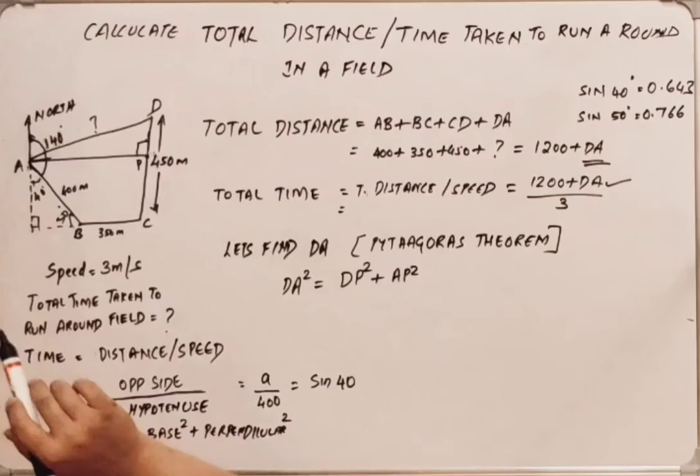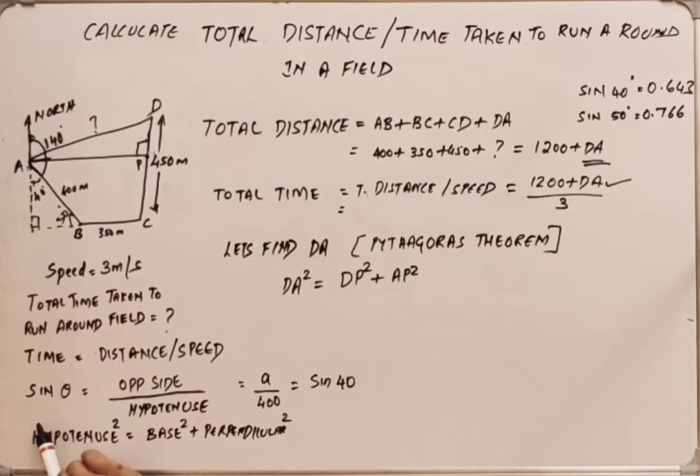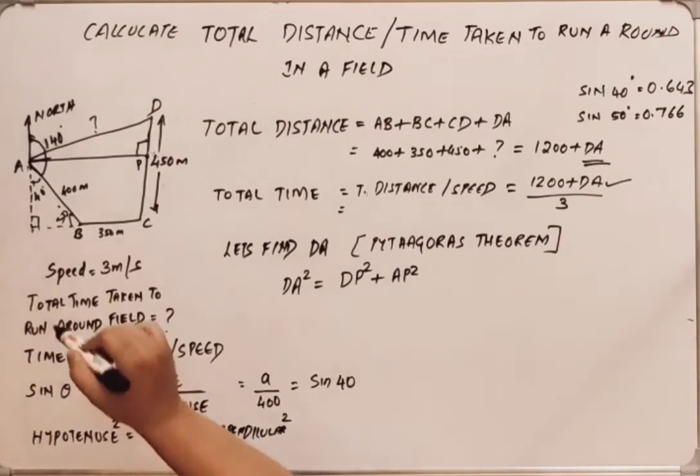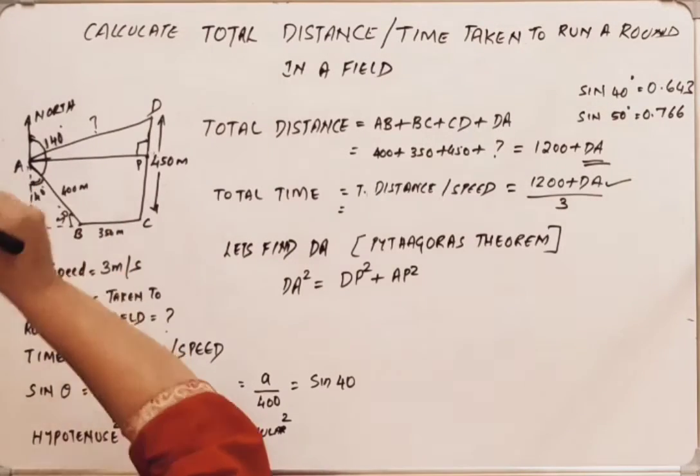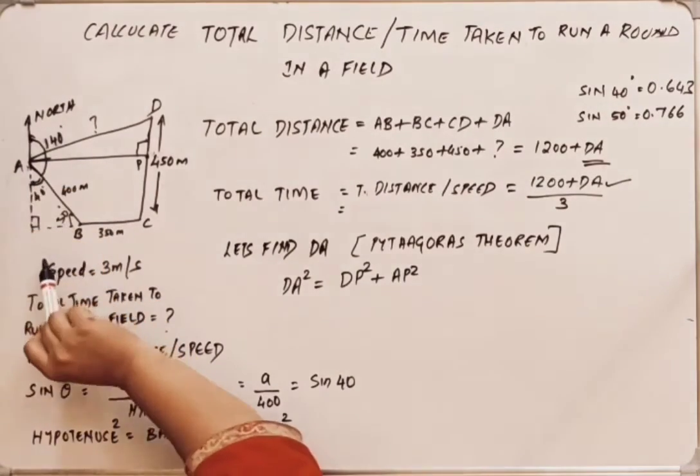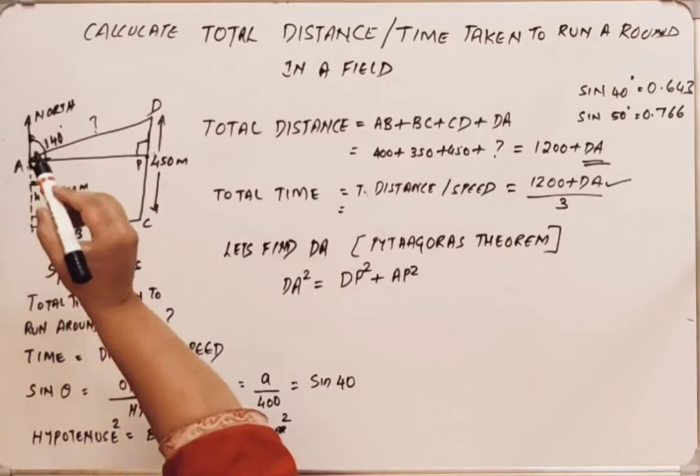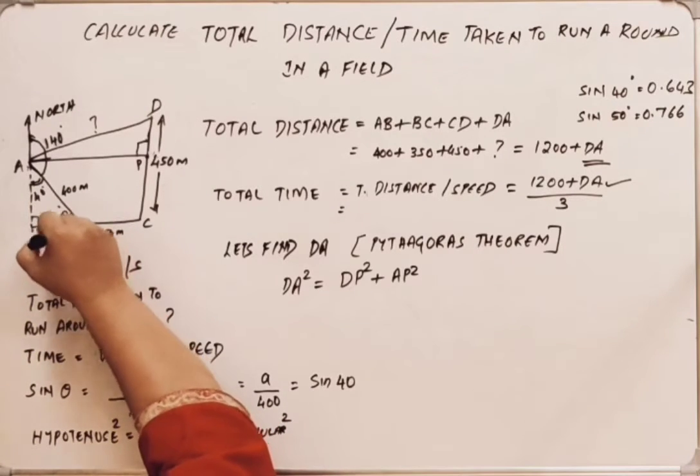Now how do we do that? We can use the sine theta formula. Sine theta is equal to opposite side by hypotenuse. So let's find sine 40, because sine 40 will give us the opposite side, which is nothing but this length.